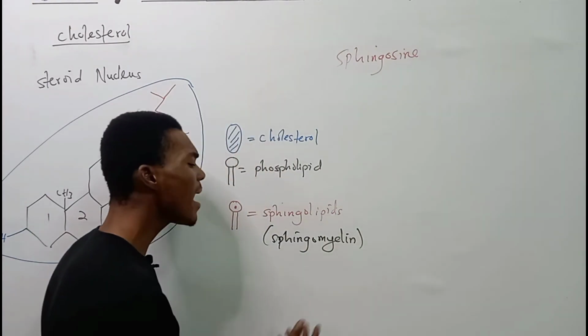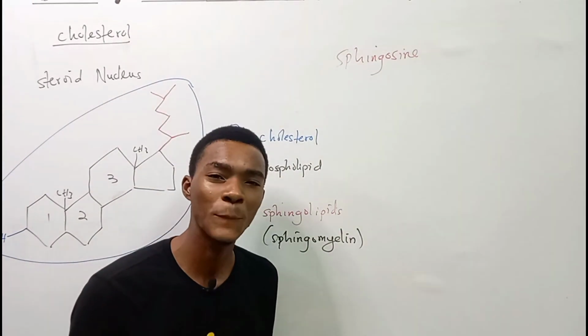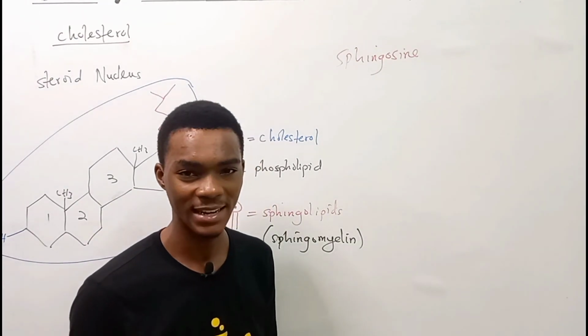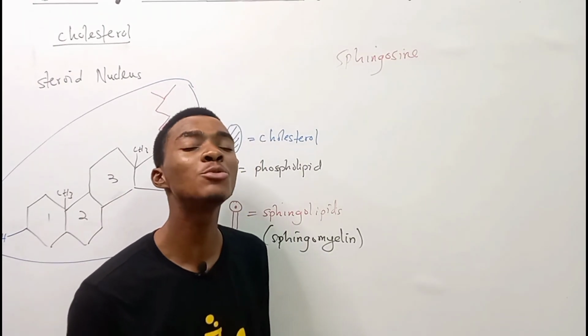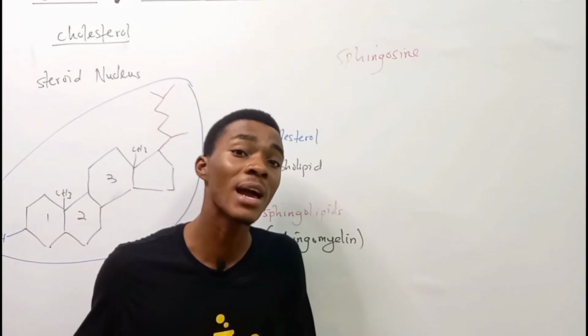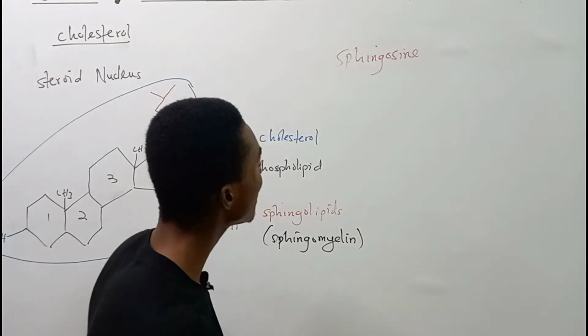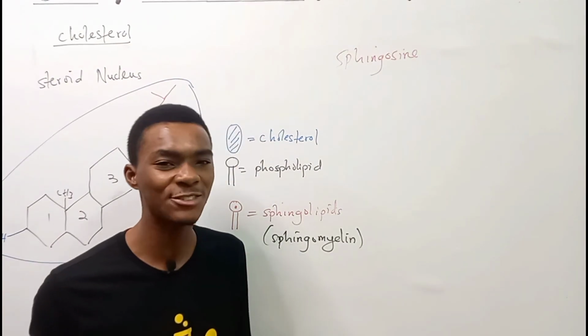But about sphingomyelin, there's one thing about it. In its structure, there is a phosphate ion. So because of that, some literature considers sphingomyelin to also be a type of phospholipid. Because remember, when we're dealing with the phospholipid structures, the only reason why we term them phospholipids is because they bear a phosphate ion in their structure.